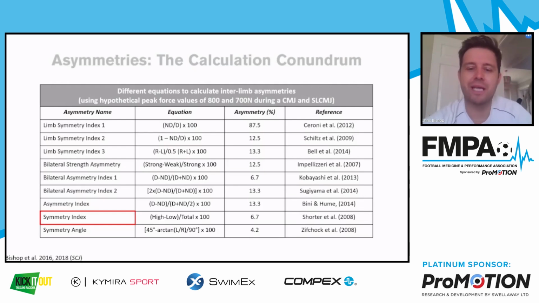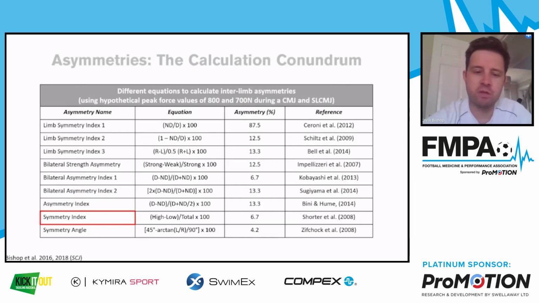And the reason is that if we want to look at an imbalance between our right and our left, or our dominant and our non-dominant legs, we think that we should do that relative to the total output being produced. And that's because in a two-legged task, both legs are interacting together.